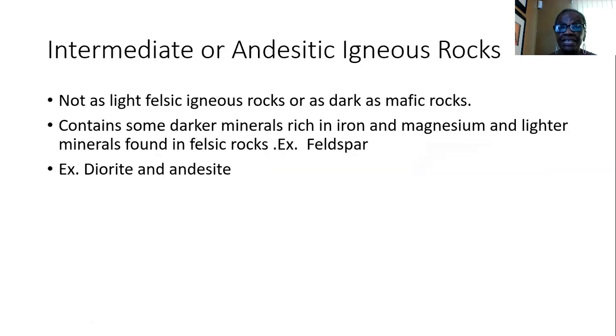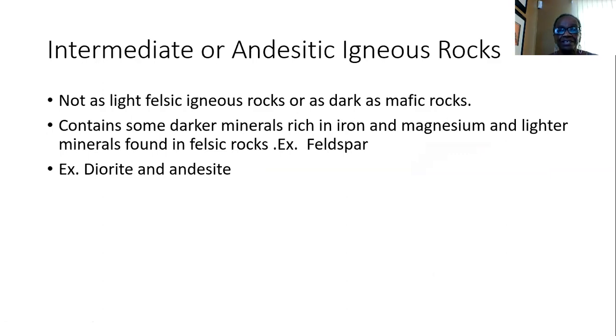And then we have some that are intermediate or andesitic. They're intermediate because the rocks in this group, based on their composition, are going to be darker than the felsic rocks, but lighter than the ones that are basaltic.